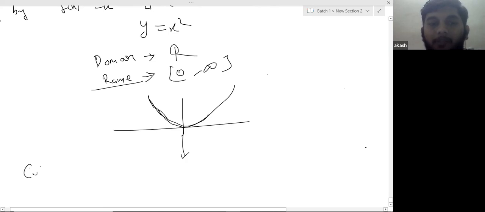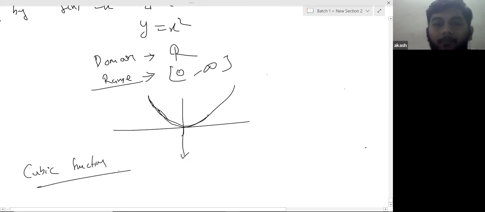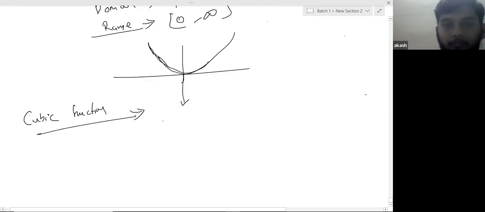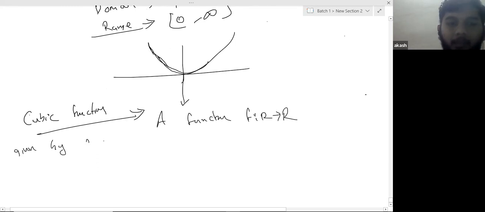Last function is cubic function. The function R to R given by f of x equals to x cube is called cubic function.